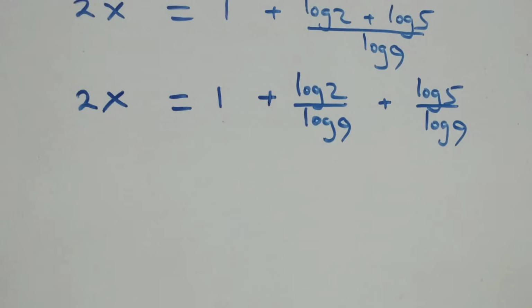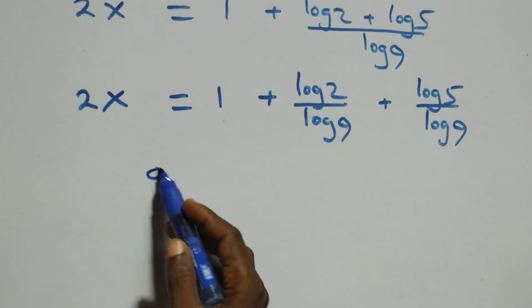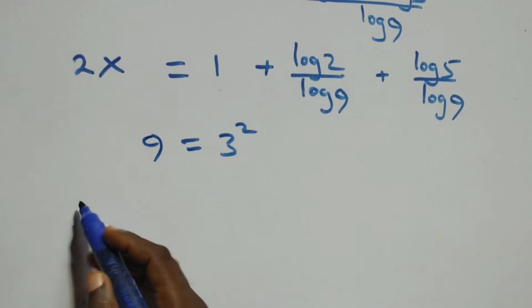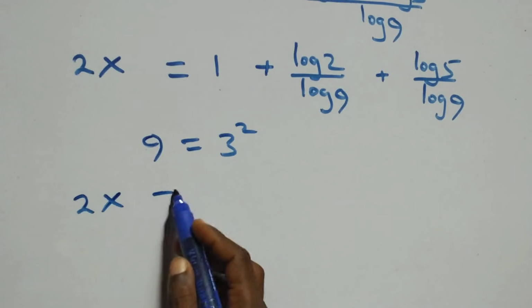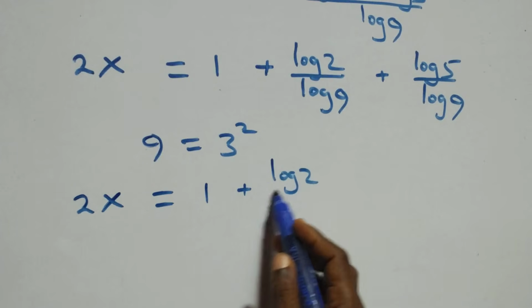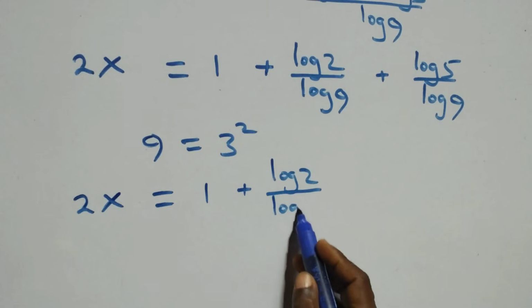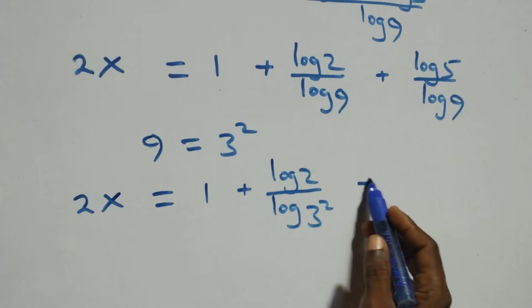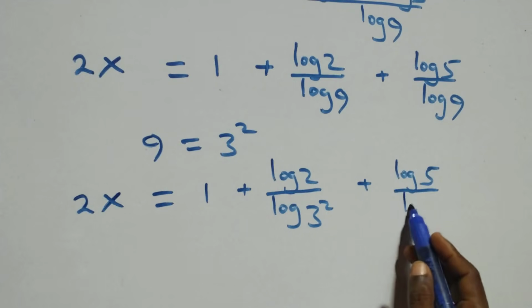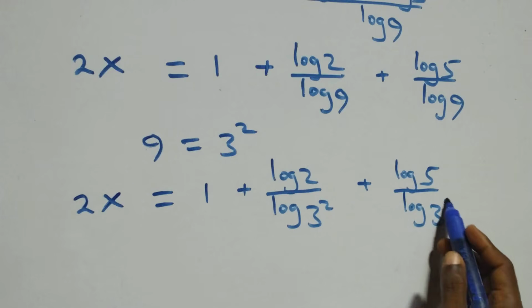which implies here we can write 9 as 3 times 3, that's 3 squared. Then what we have here becomes 2x equals 1 plus log 2 over log 3 squared plus log 5 over log 3 squared.